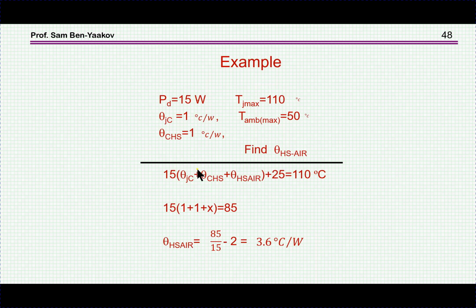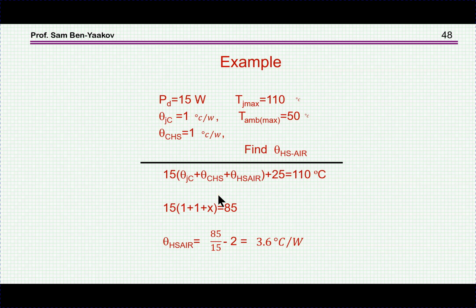If I have a transistor with a total power loss of, say, 15 watts, and we allow a 110 degree junction temperature, and the ambient is 50 degrees, and the junction-to-case thermal resistance of the transistor is 1 degree centigrade per watt, and the insulator, from the case to the heatsink, is also 1 degree per watt. So what is the thermal resistance of the heatsink required in order to assure the 110 degree junction temperature?